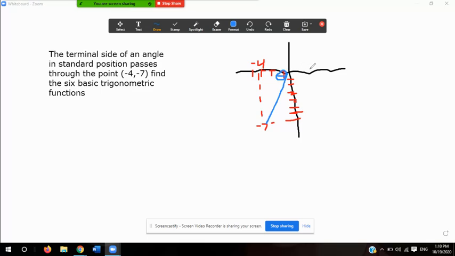Because remember that we're assuming that the angle is in standard position. So this is where z is going to be, right here.